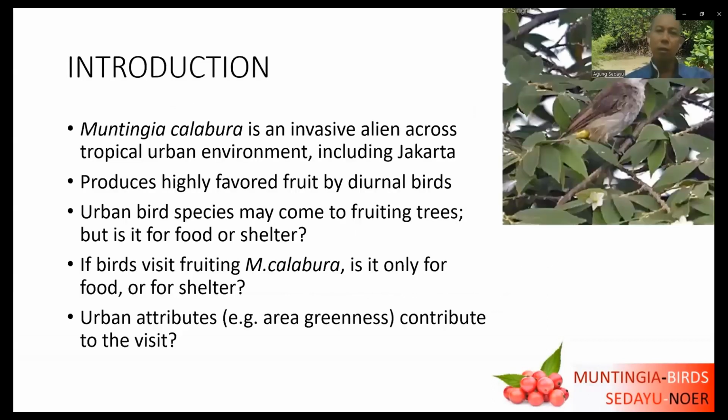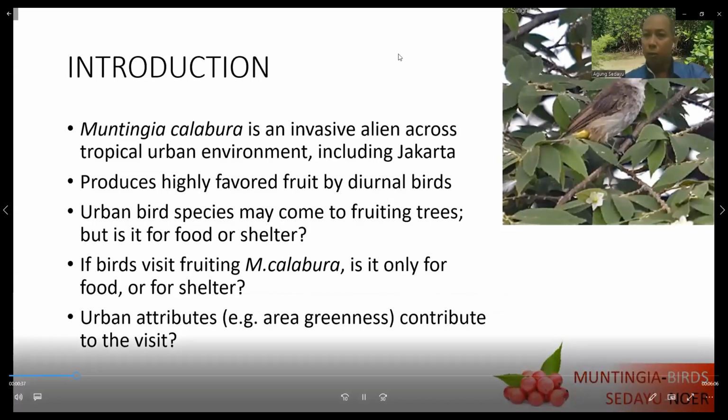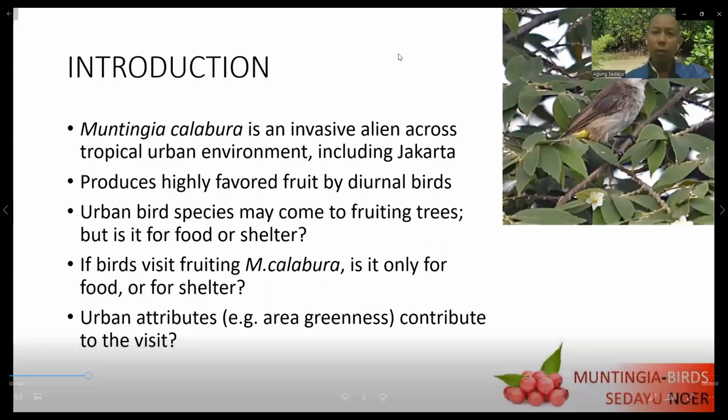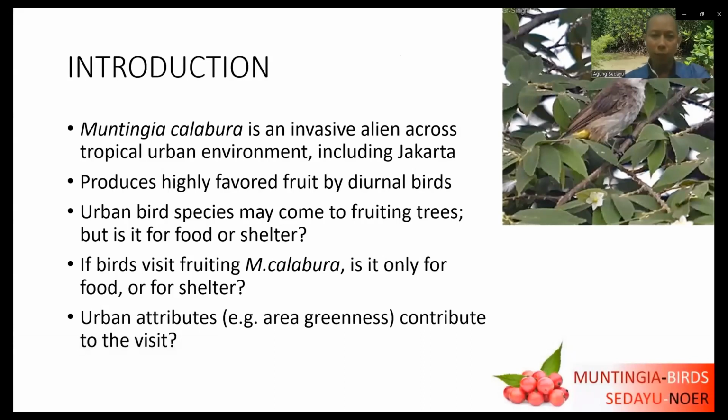As we understand, Muntingia calabura is an invasive alien plant species across tropical urban environments throughout the world, including Jakarta. This species produces fruit highly favored by diurnal birds, including urban birds in Jakarta.